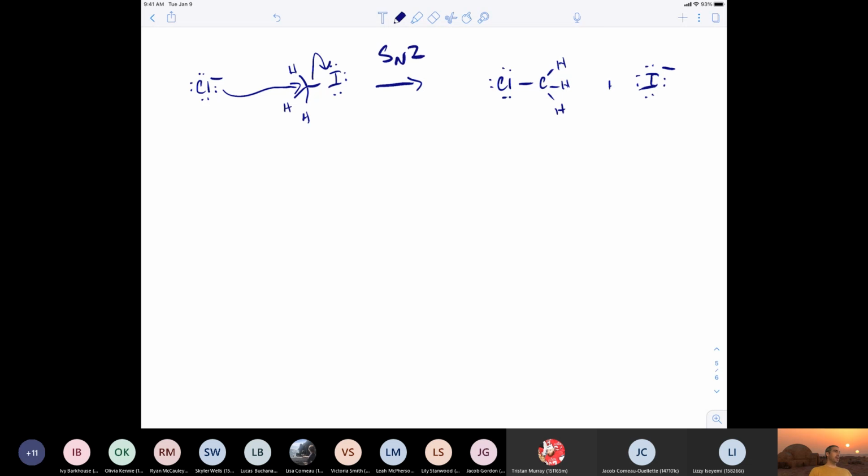SN1 was similar, except SN1 had 2 steps. Basically, the same action happens, but in 2 discrete steps. So this would be something like this, same nucleophile, but let's pick a tertiary alkyl halide. The last one was a methyl. What happens here, first of all, is the leaving group leaves to give you a carbocation, which is tertiary.